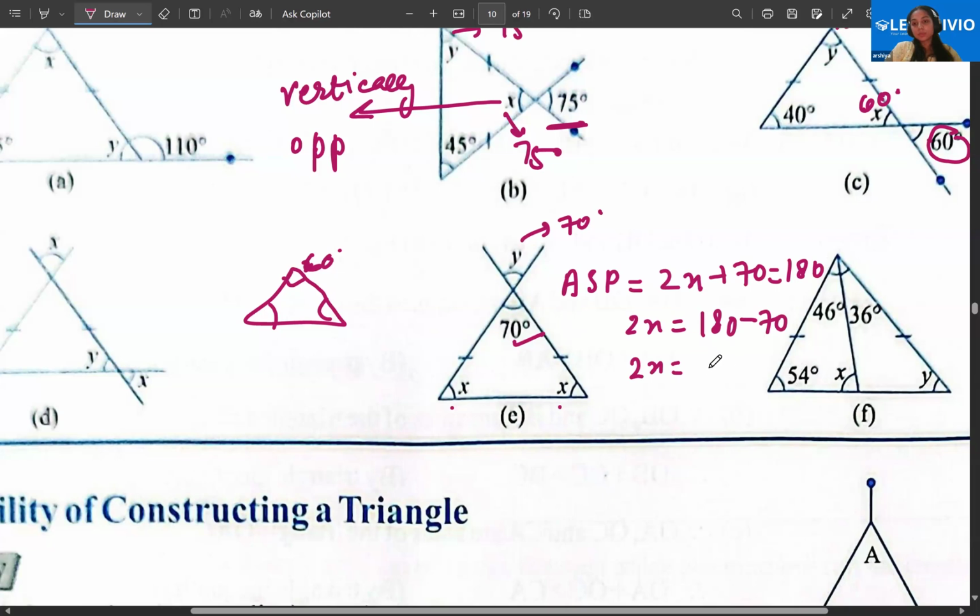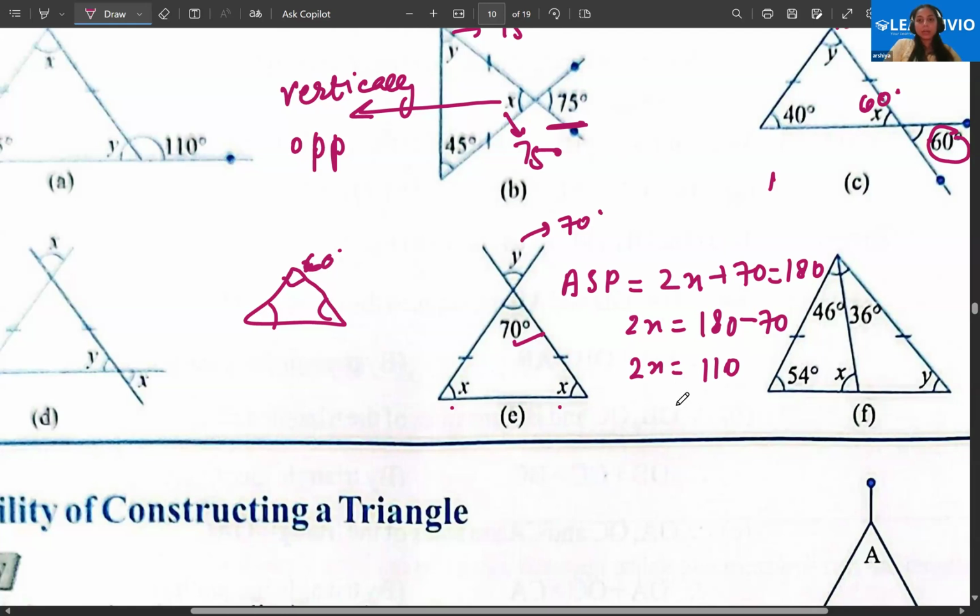Ma'am, the answer is 180 minus 70. How much? Wait, one by one. What is your answer, Tasbeen? Your answer is 110, after subtracting, right? The final answer?